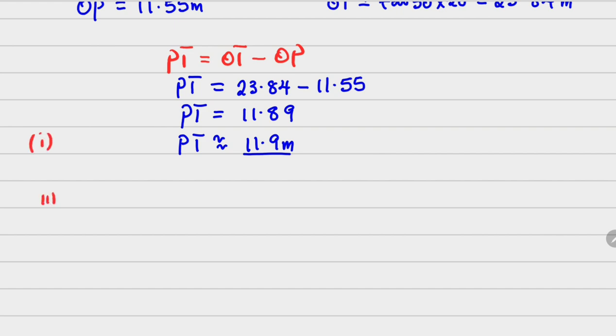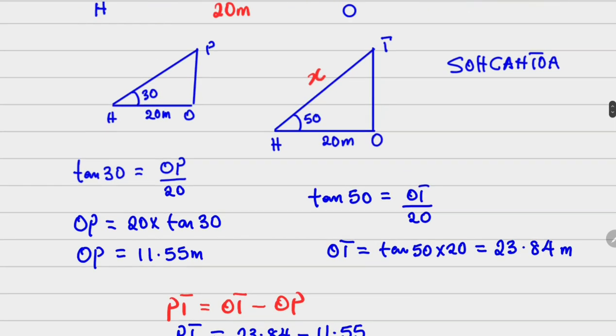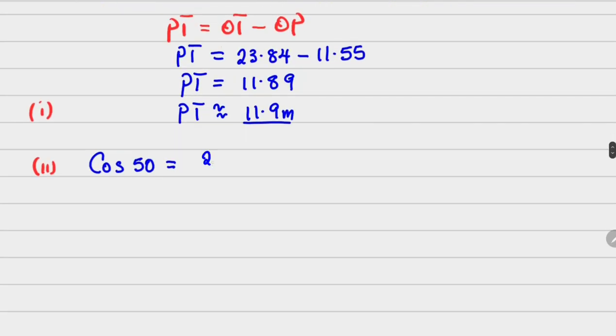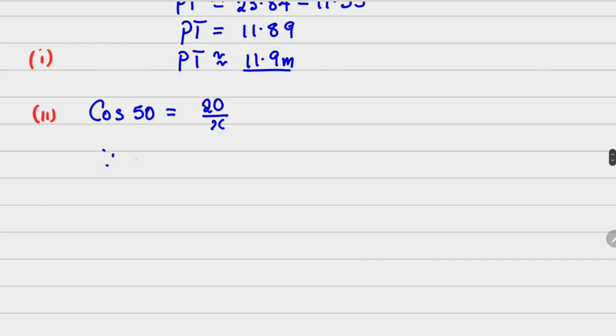Now Roman figure 2, we are going to have cos 50 degrees will now be equal to 20 over x. So that by the time we cross multiply, we find out that x is equal to 20 divided by cos 50.